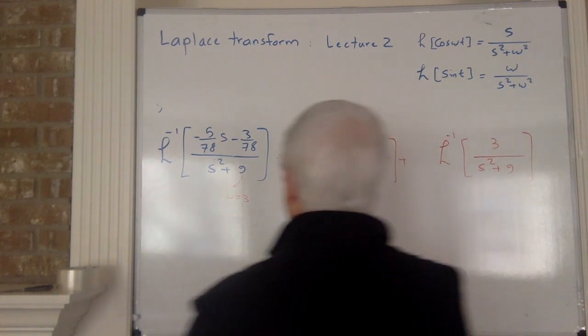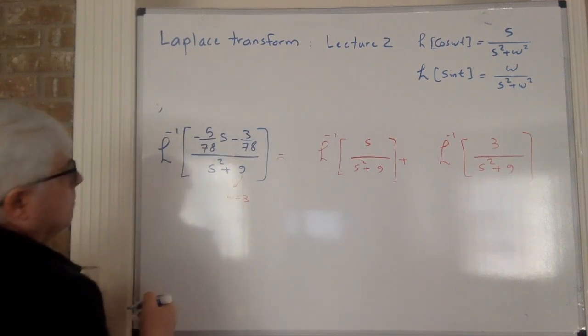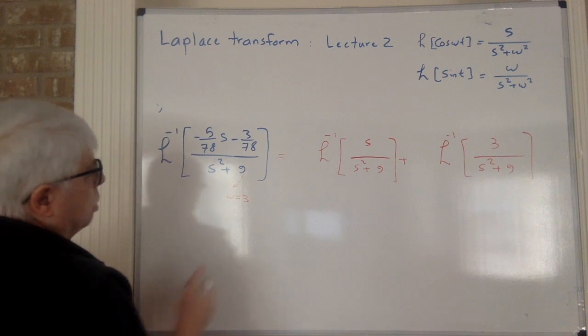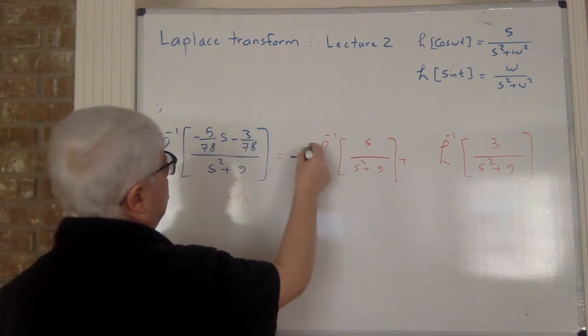Okay, so let's look at this. If I have an s here, I need an s here, so the coefficient here is simply minus 5 over 78.